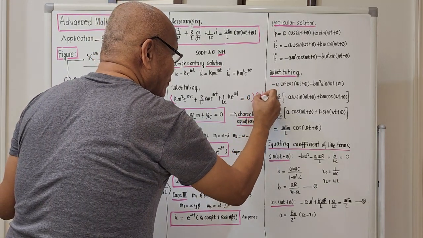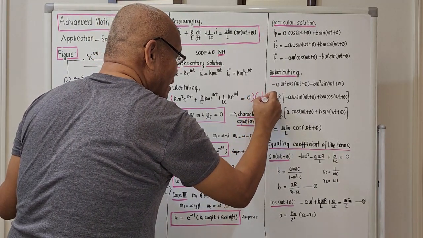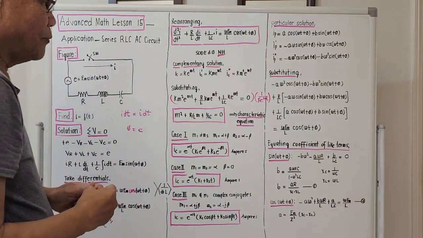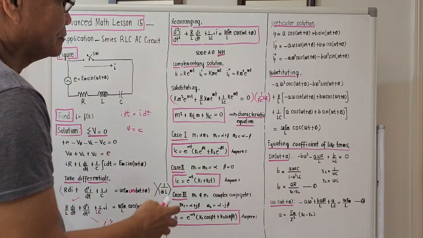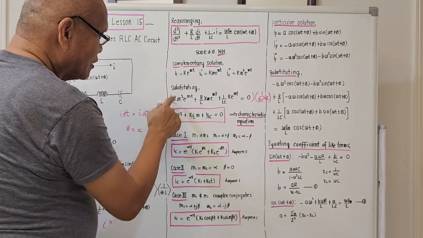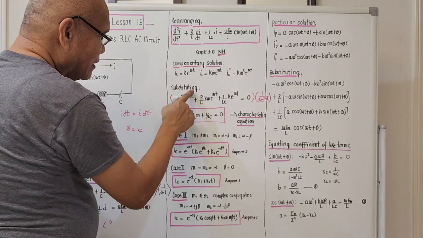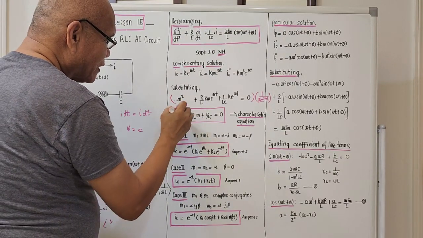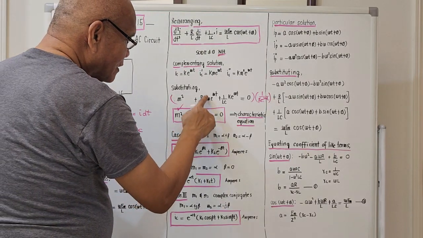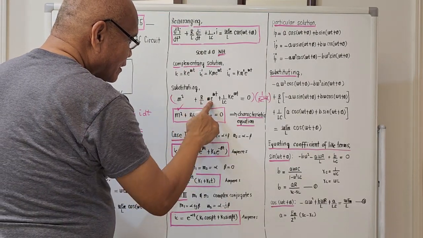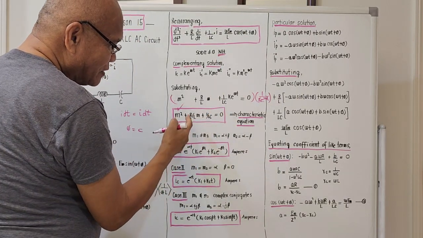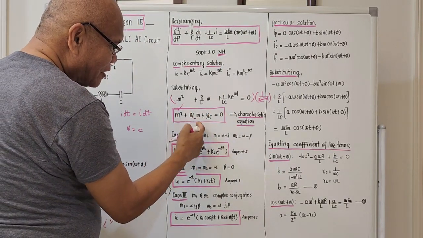There are some common terms, so we will multiply this by 1 over k e raised to mt. If we expand this by multiplying all the terms by this, on the first one, this k here will disappear, e to the mt will disappear. First part will be simply m squared. Second part, k will disappear, e to the mt will disappear. Second part will be just simply the ratio R over L times m.